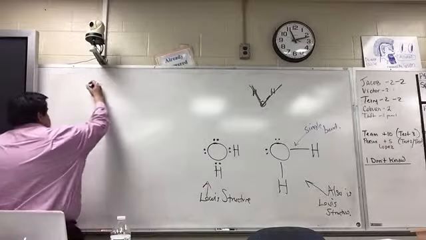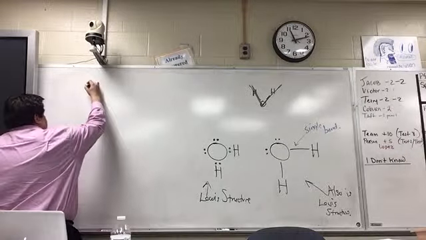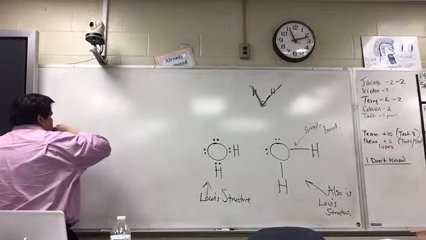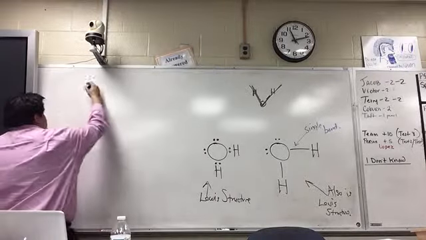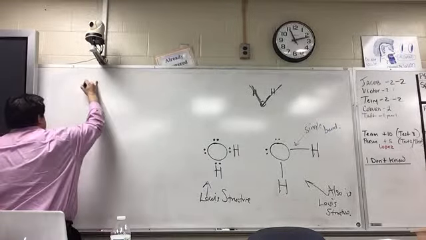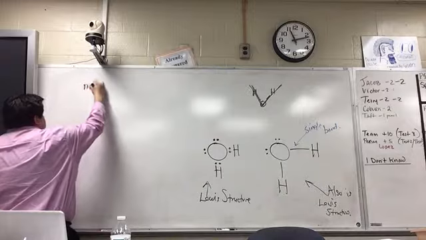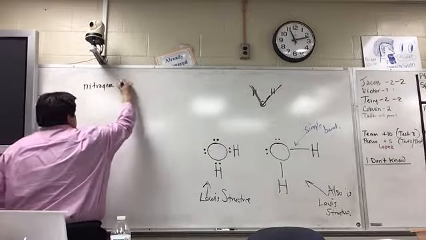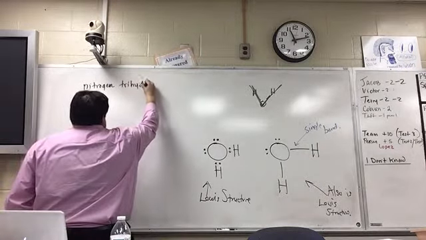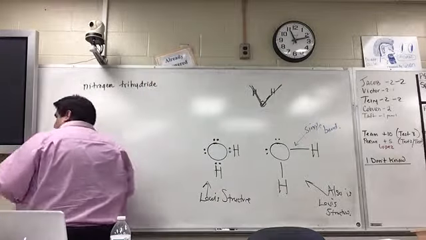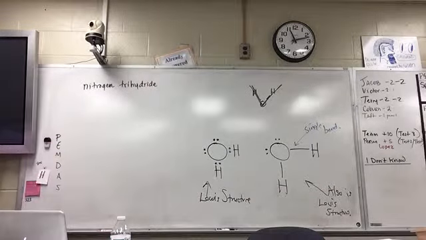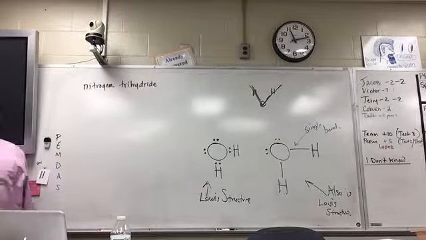What I want to do now is take a look at this one here. So we're going to take a look at a compound, actually, let me stay easy. So we're going to go with nitrogen trihydride. All right, so what I want you to do is go ahead and write the formula for nitrogen trihydride.